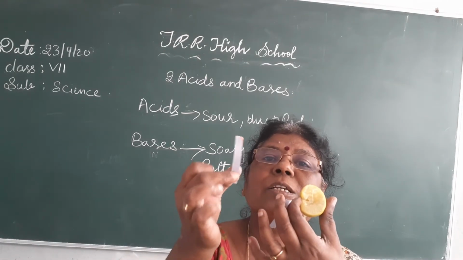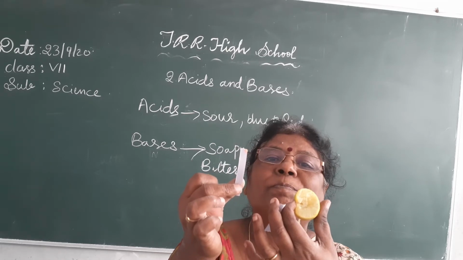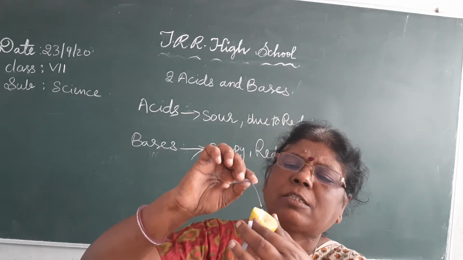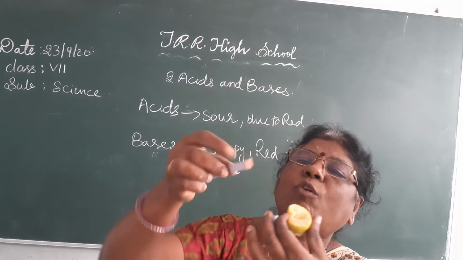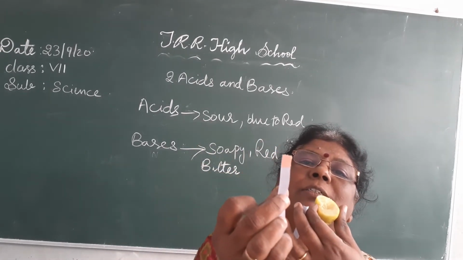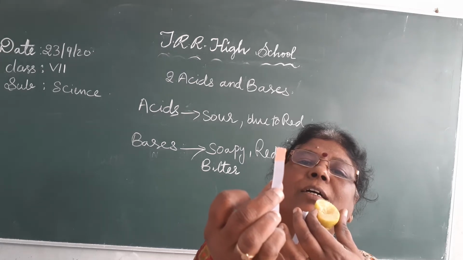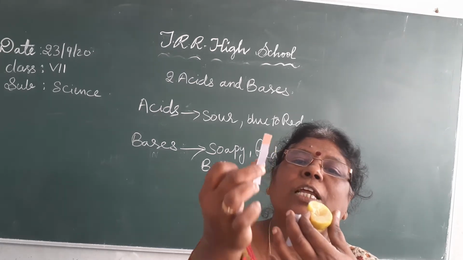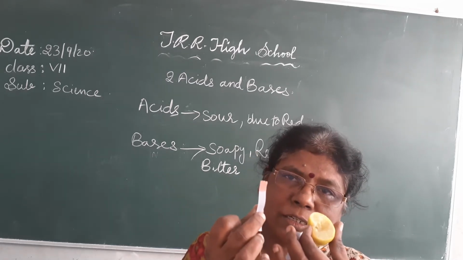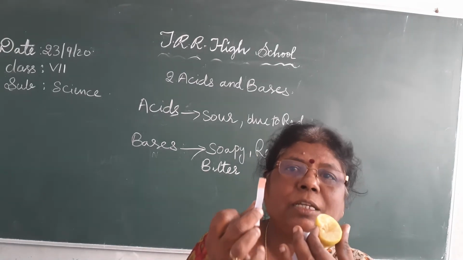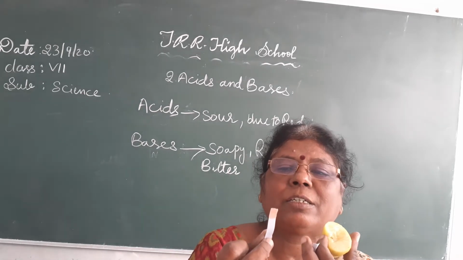This is blue litmus paper. I will just touch the cut part of the lemon. What color are you getting here? Red color. So lemon is acidic in nature, isn't it?